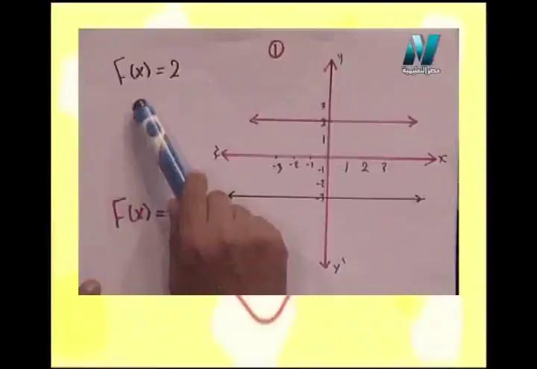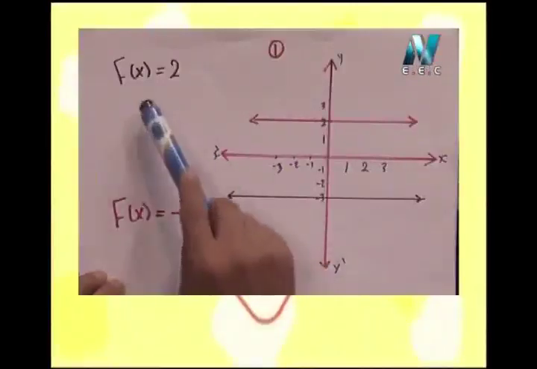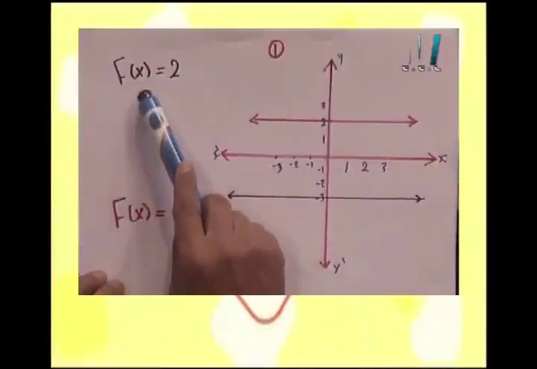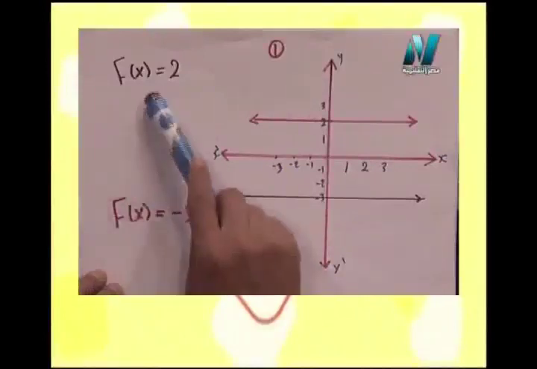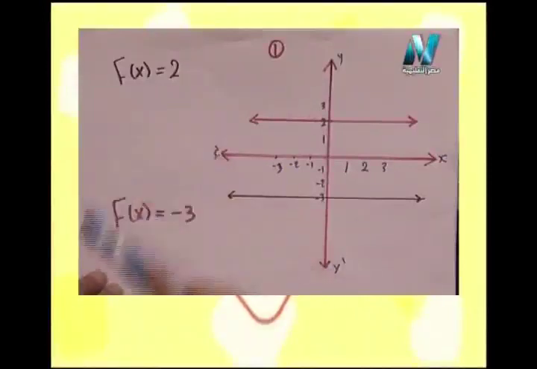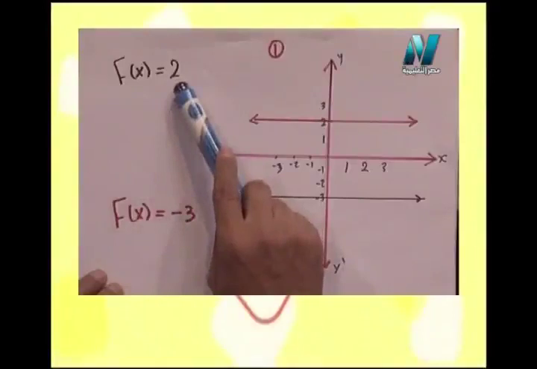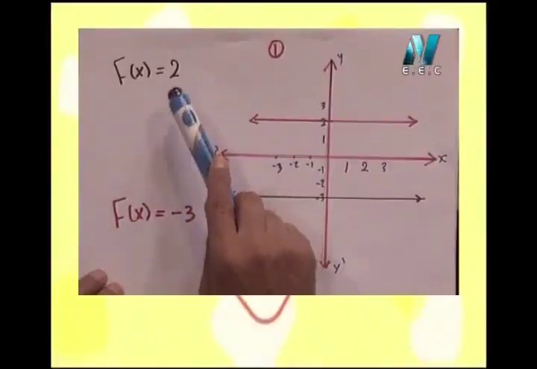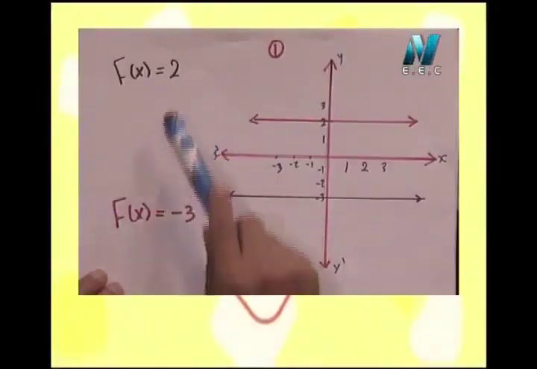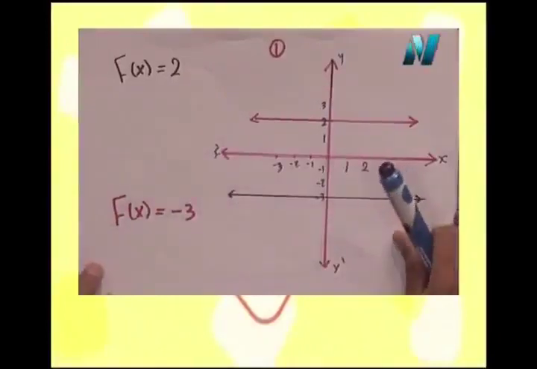We have here a function. This function f(x) equals, if we have a function like that, it means that the function equals a constant. Is it positive or negative or zero?